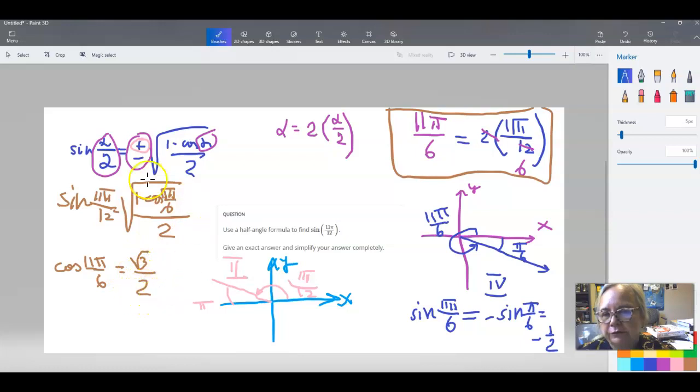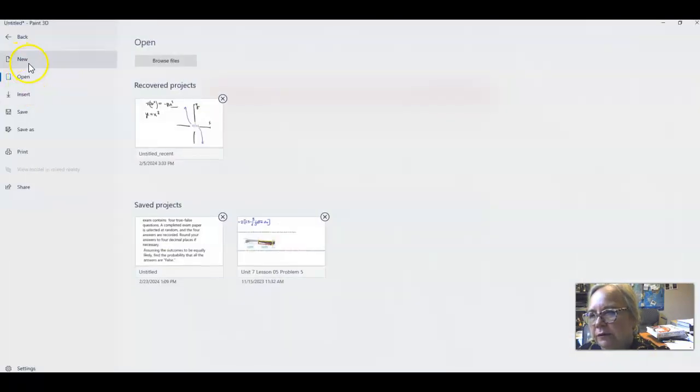Now we have to simplify this expression, the square root. To do this I will start a new page here.